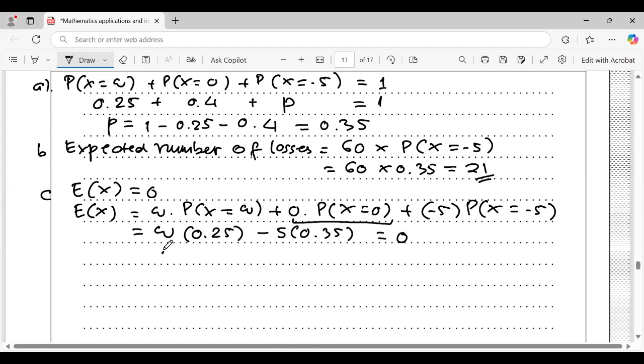So we can write that 0.25 W equals 5 times 0.35, which is 1.75. So W equals 1.75 divided by 0.25, which equals 7. Next question.